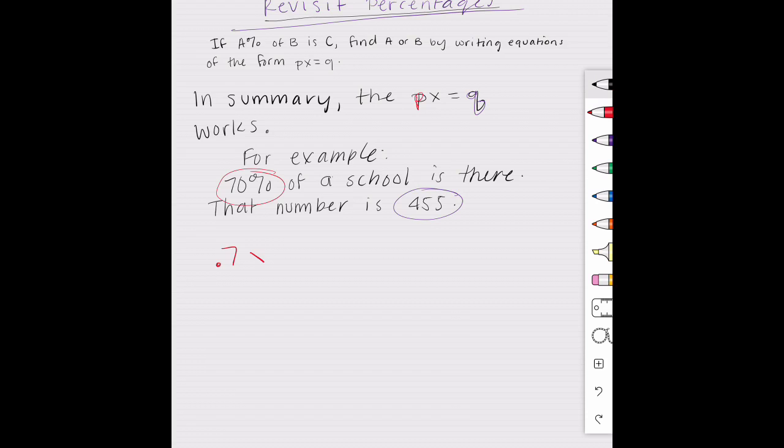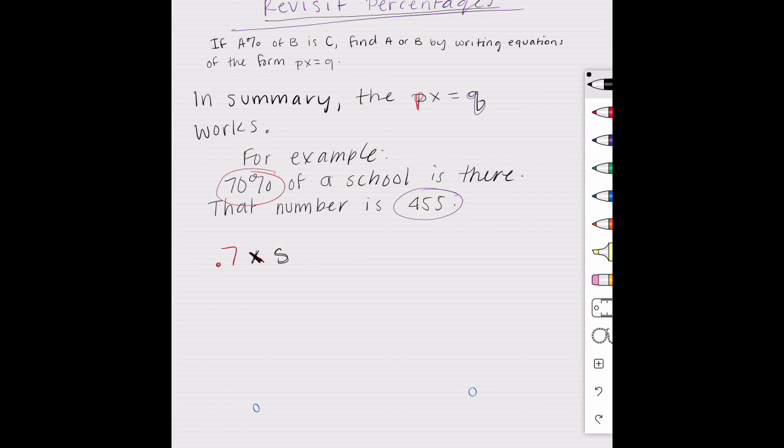When we divide the left side by 0.7, we're just going to leave the x there. On our right side, we have a new equation to solve, which is 455 divided by 0.7, which is going to be equal to x, which is going to tell us what our x is.